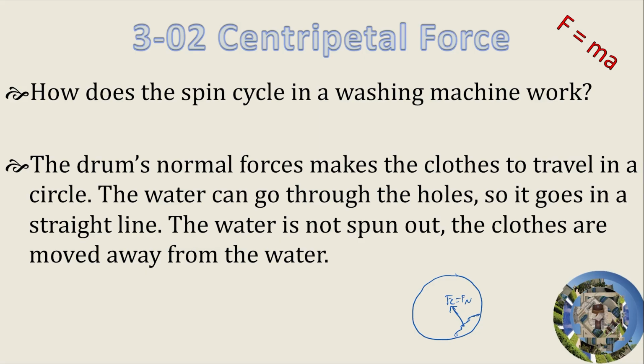But there's holes in the sides there, so water can go through the holes. So the water is going to go in a straight line tangent to the circle. So it's not so much that the water is spun out. The water just continues in a straight line. What happens is that the clothes are moved away from the water.